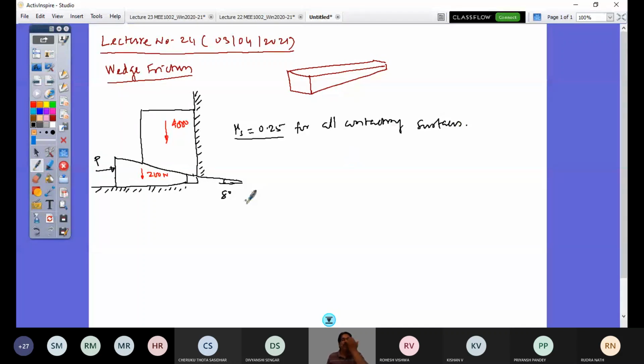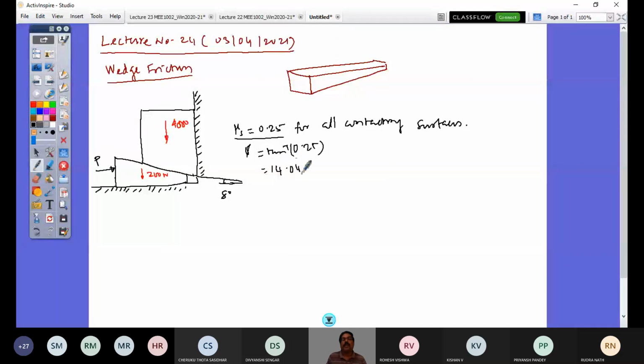So immediately in a wedge friction problem, you should see that this is 8 degrees. This is sitting here. Whether this wedge will be holding the load or, in the absence of P, it will be pushed out can be verified by finding the friction angle. So the friction angle is what now? The tan inverse of 0.25. So what do you get? Tan inverse of 0.25 is 14.04.